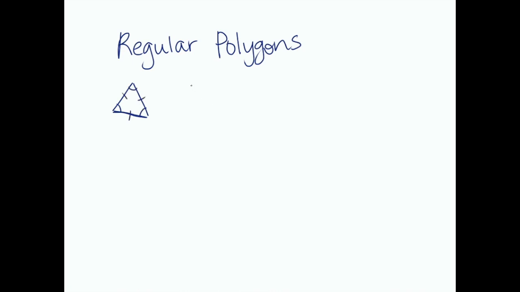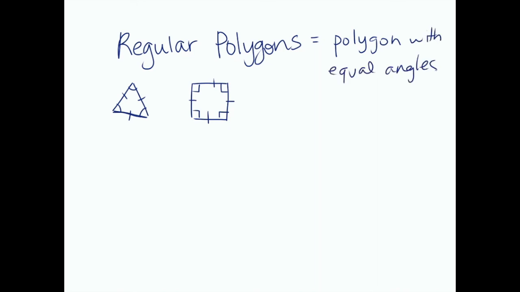And the most pleasing quadrilateral would be a square. Again, equal angles, equal sides. So a regular polygon is basically a polygon with equal angles and equal sides.